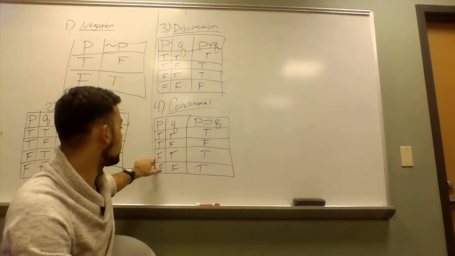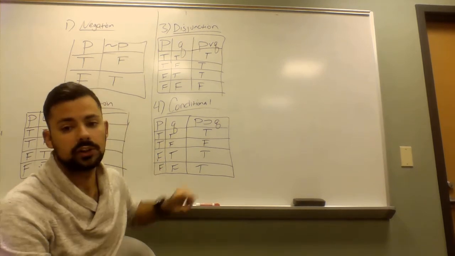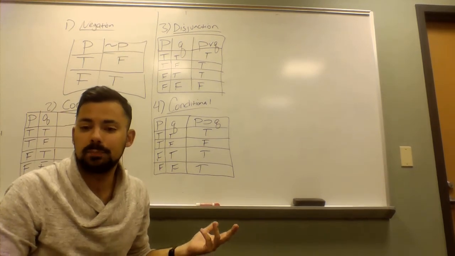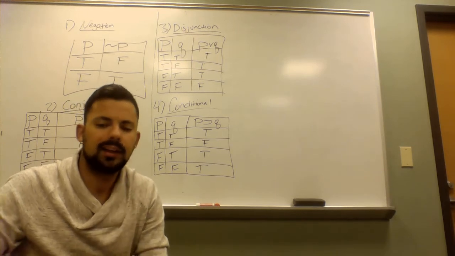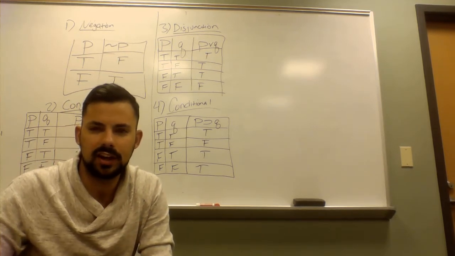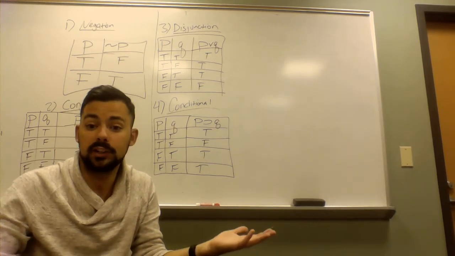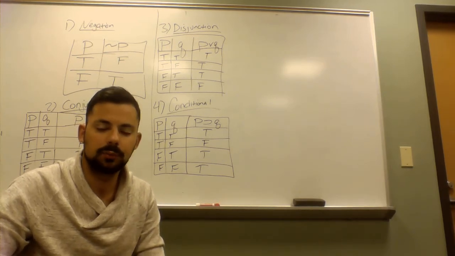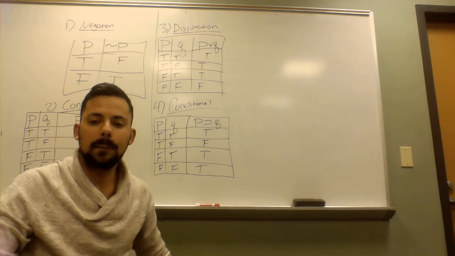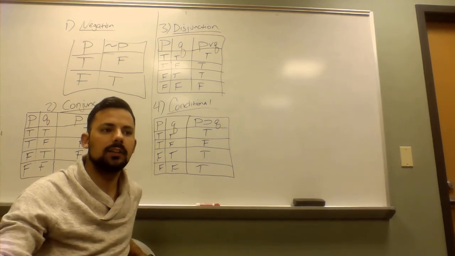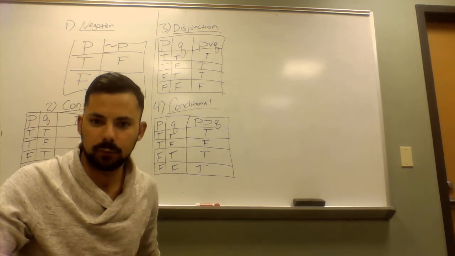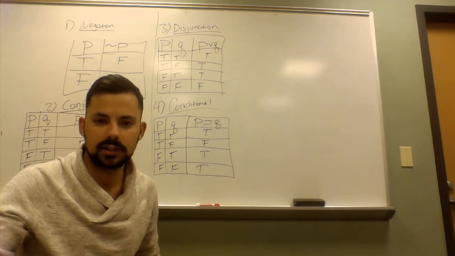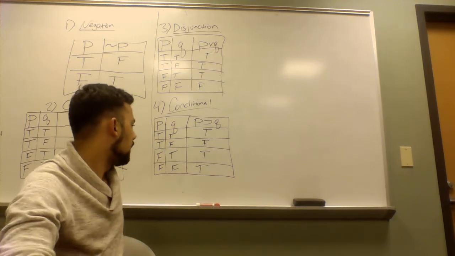Now, let's say it's the case that the antecedent is false. So you didn't get straight A's, but you got a 4.0 anyway. There was some type of glitch in the system or whatnot. Well, that's fine. You ended up with a 4.0. I guess it's kind of weird, but it's not like you expected to get the 4.0, right? The fact that you got it is like an added bonus.